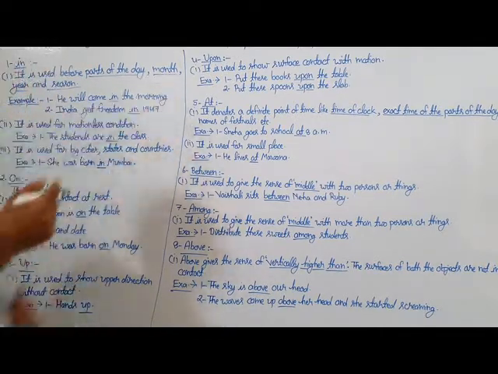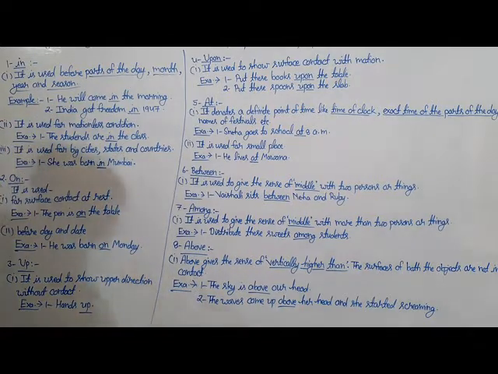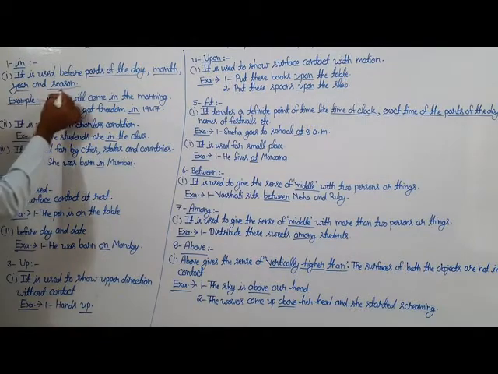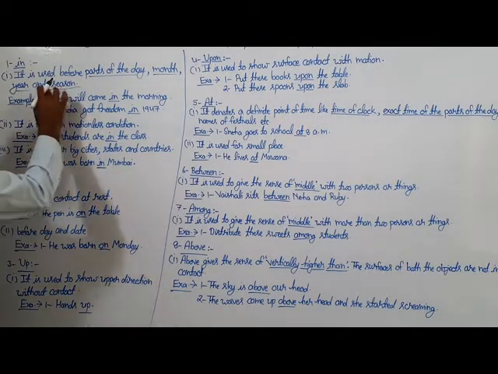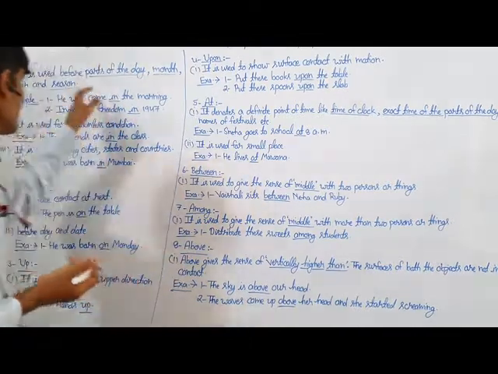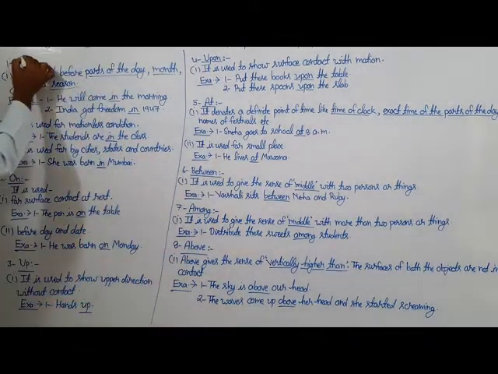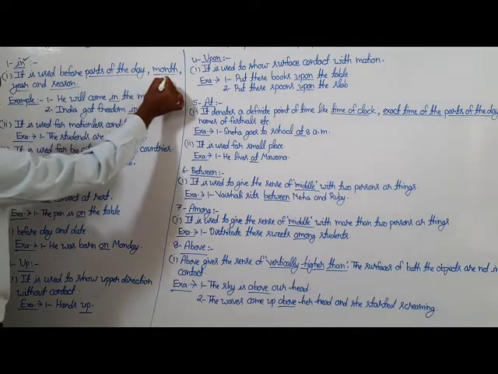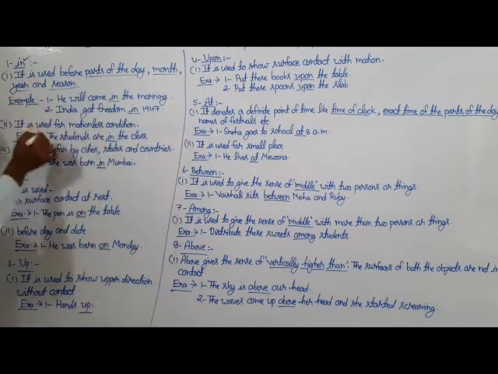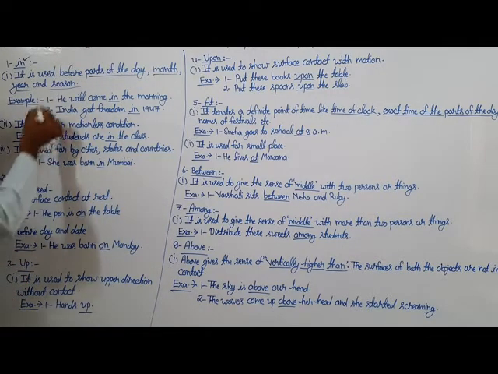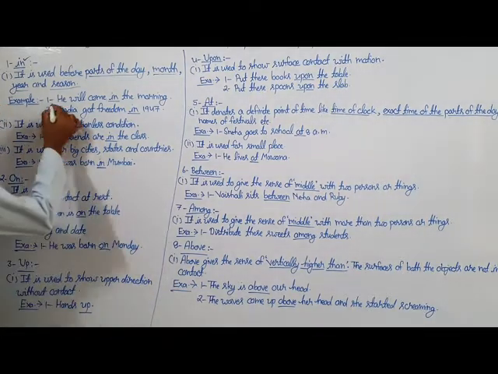Year, 1947, 1948, etc. And season, different types of seasons, such as in the winter, in the summer, etc. So we can use the preposition in before the parts of the day, the month, the year and the season.